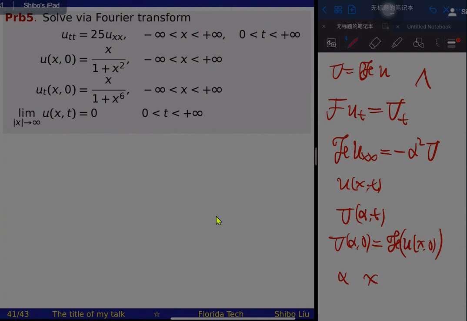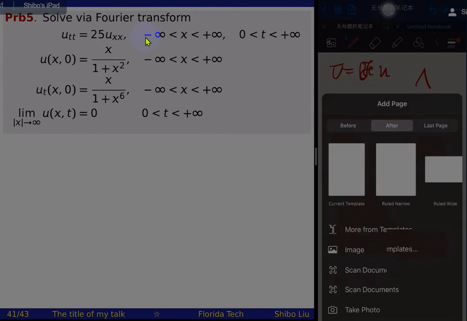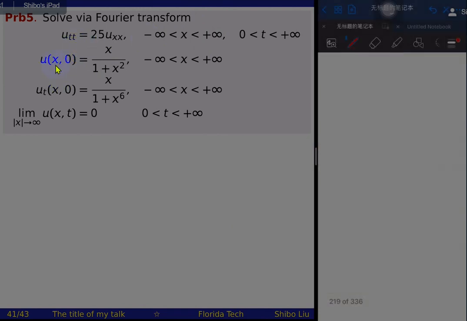Our last problem is a wave equation, an infinite wave equation, and we have an initial displacement and an initial velocity. Of course we need to take the Fourier transform with respect to x, but before doing that we split this problem into two problems.